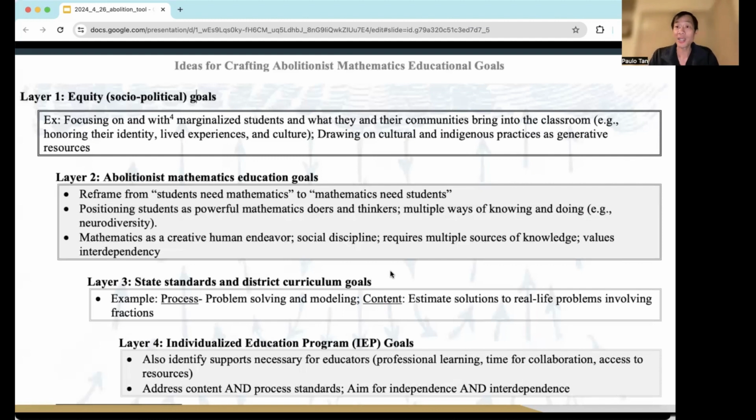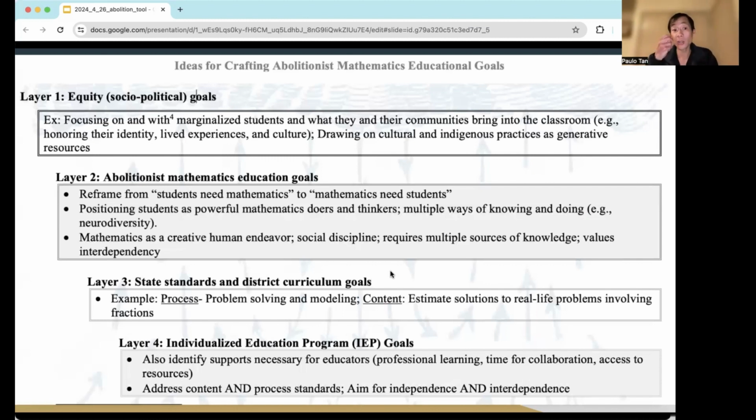And then they start to think about everything else. So hopefully I'm making it apparent that this unit plan is different in what is centered. What is centered are profound and severe disabled students of color, and what is centered is abolition and equity goals.